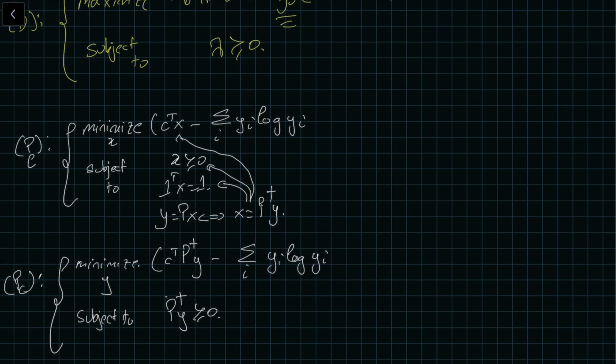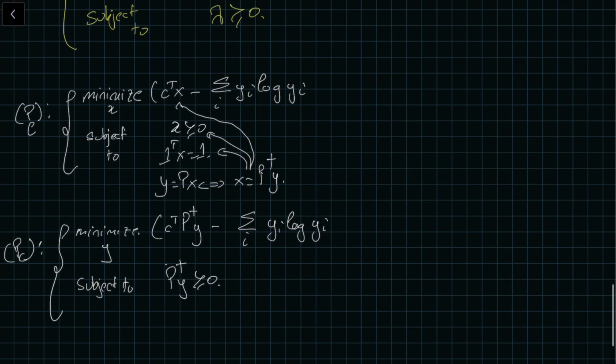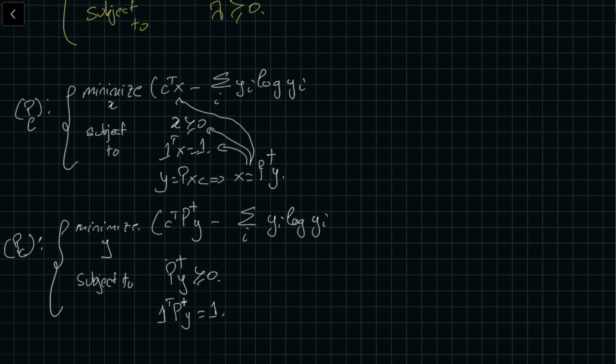If I put y as entry-wise positive, it doesn't imply that P pseudo inverse y is entry-wise positive, because P pseudo inverse could have negative values. And 1 transpose P pseudo inverse y is 1.